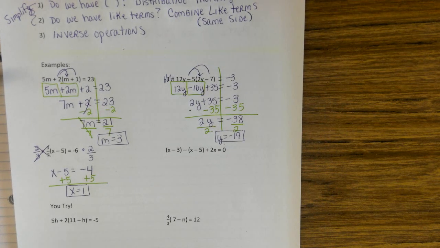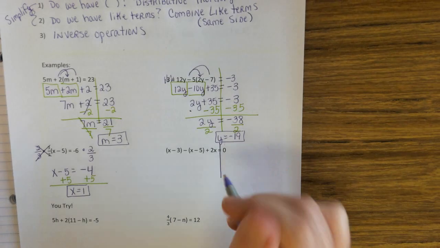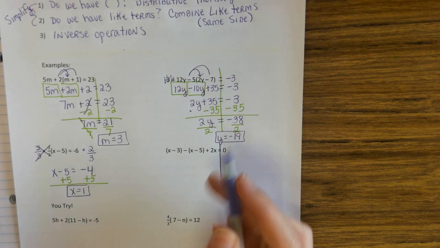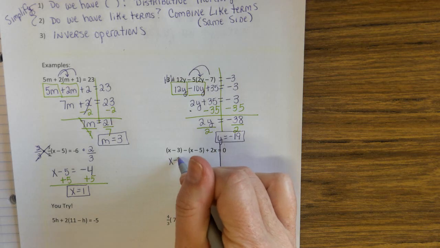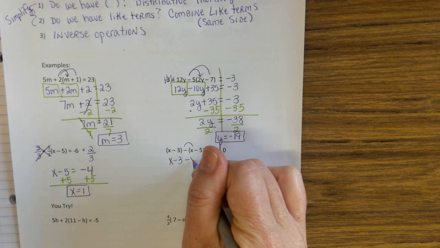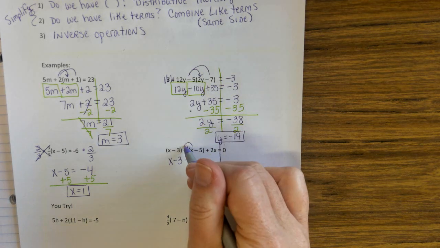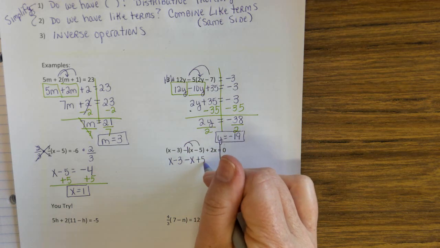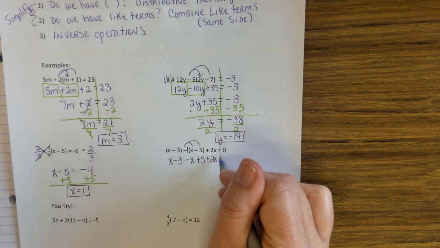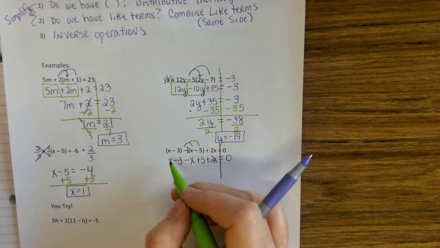Okay, let's try one more together. So I see some parentheses. We probably need to take care of it. So this is going to be x minus 3 minus x. Remember, if you want to put a 1 right there to kind of help you with that, you can. Plus 5 plus 2x equals 0. So I've got lots of like terms here.